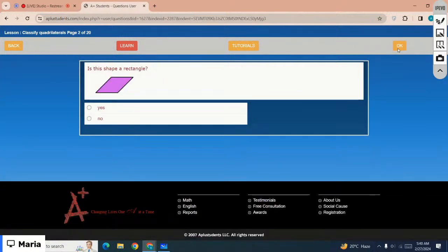Is this shape a rectangle? Which is the correct option? The correct option is yes, that is a rectangle, because opposite sides are parallel.